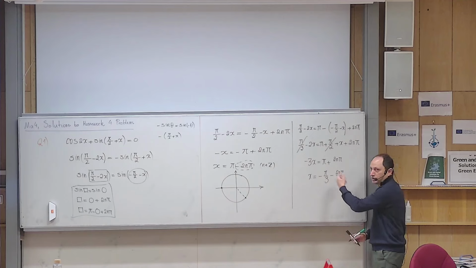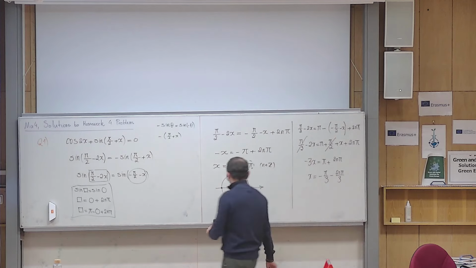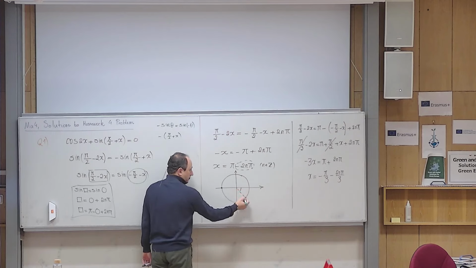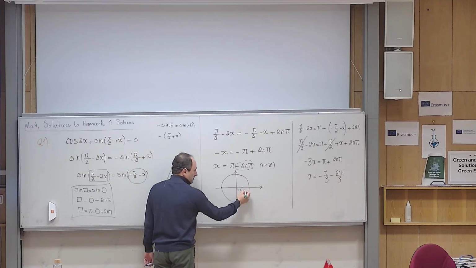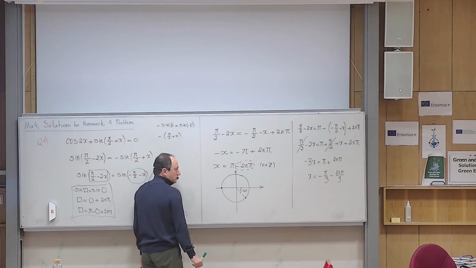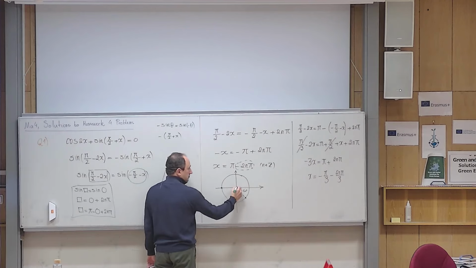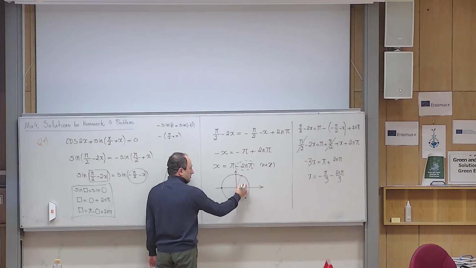When I add one unit to n, either I go in that direction or in the other direction, it doesn't matter. So I add 120 degrees to this. Here it was minus 60. Let me write it in degrees, it is easier for us to understand. So that's minus 60. If I add 120, where will I end? At positive 60.